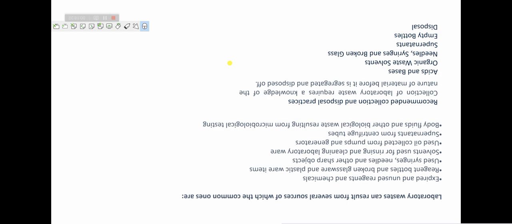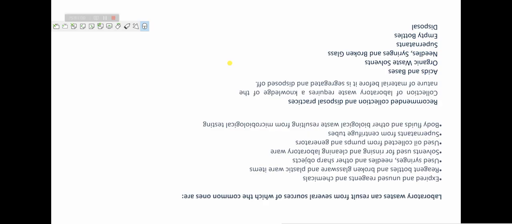So here we will use some solvent, right, for the rinsing and cleaning of our laboratory ware, right? So these solvents will clean it nicely, and we use oil collected from pumps and generators, right? So these will come in the waste.